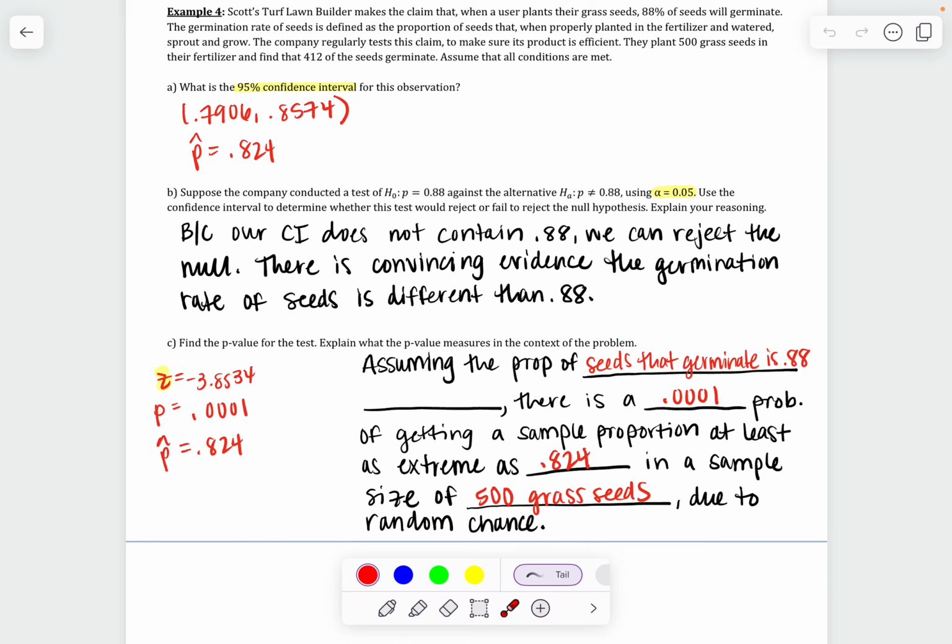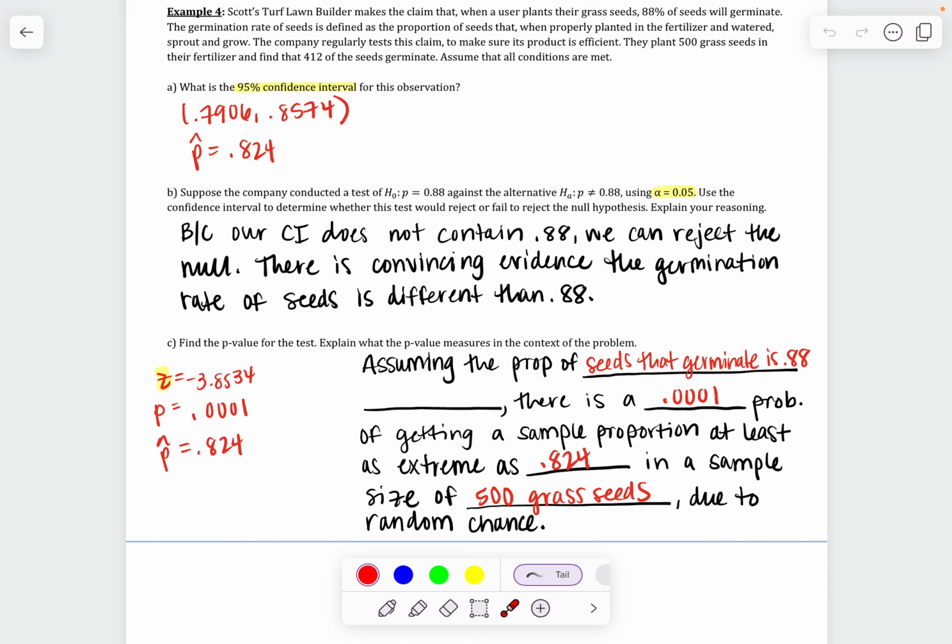Based on my sample, I cannot agree. So because our confidence interval does not contain 0.88, we can reject the null. There is convincing evidence the germination rate of seeds is different than 0.88. Basically, we have enough evidence to say the null is not true. We are going to take on the alternative.